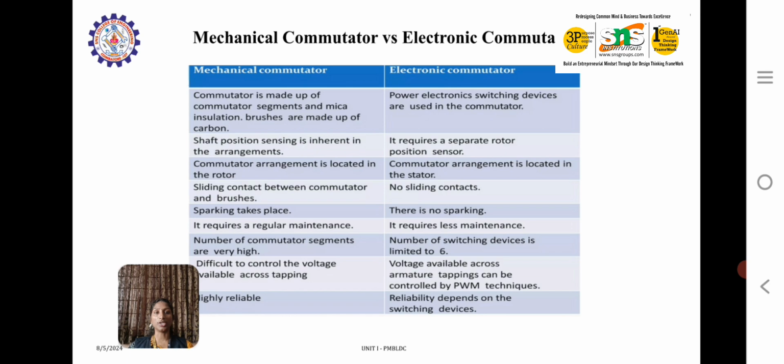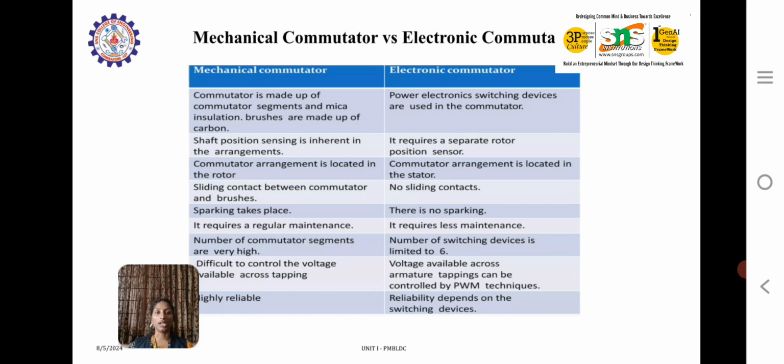The mechanical commutator is made up of commutator segments and mica insulation, and the brushes are made of carbon. Whereas the electronic commutator is fully based on power electronic switching devices. With the mechanical commutator, a shaft position sensor is not needed, whereas the electronic commutator requires a separate rotor position sensor to sense the position of the rotor and change the pulse.